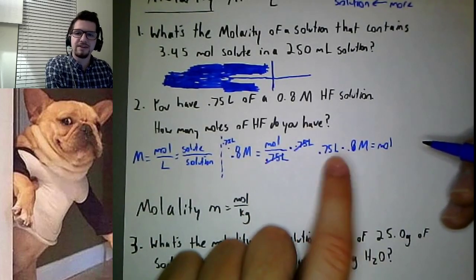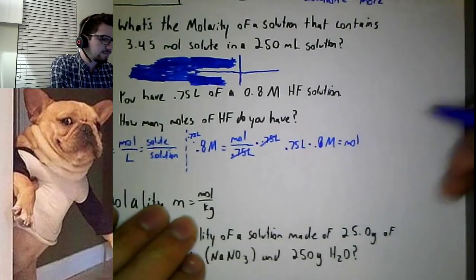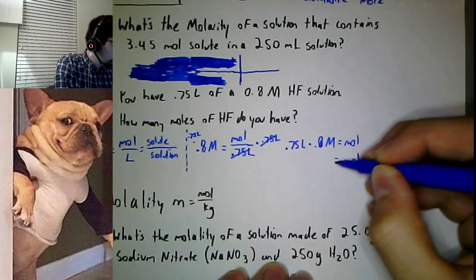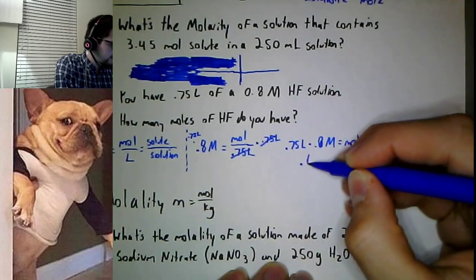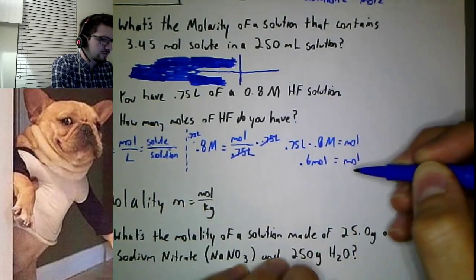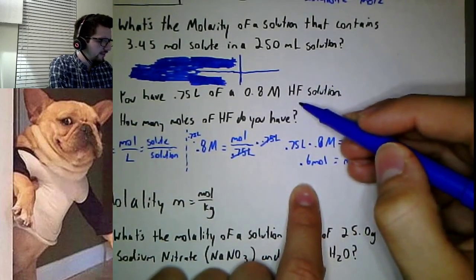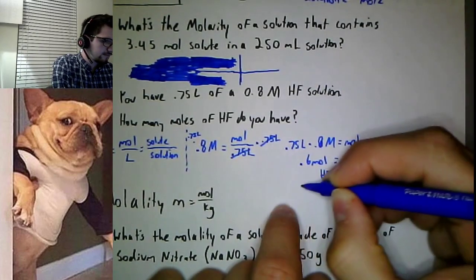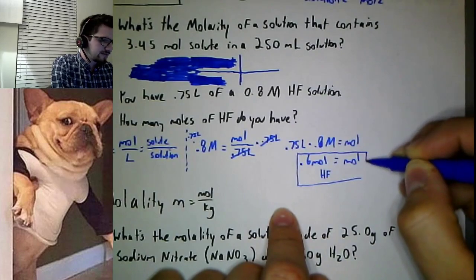Now, what's 0.75 liters times 0.8 molar? That equals 0.6 moles. 0.6 moles of what? Of HF. And that's my answer.